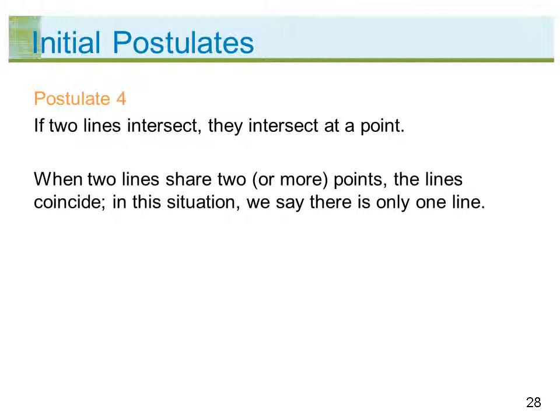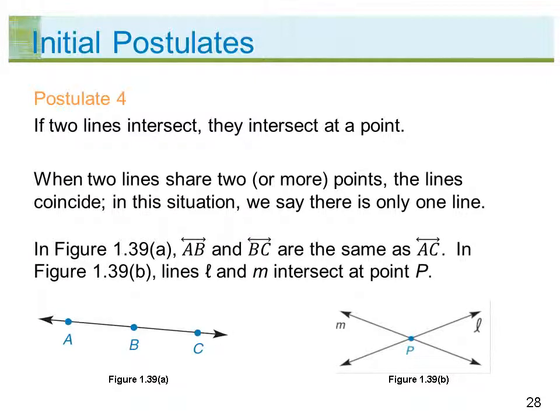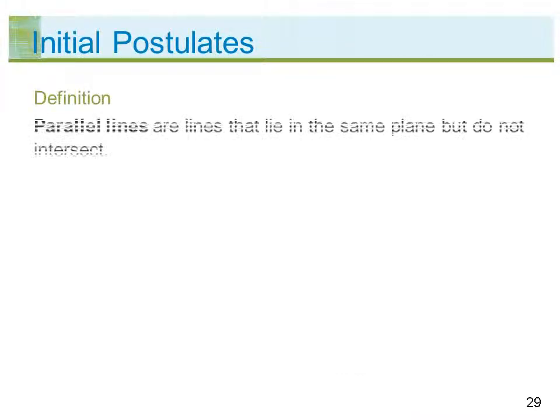In this situation, we say there is only one line. In Figure 1.39a, line AB and line BC are the same as line AC. In Figure 1.39b, lines L and M intersect at point P. Definition: parallel lines are lines that lie in the same plane but do not intersect.